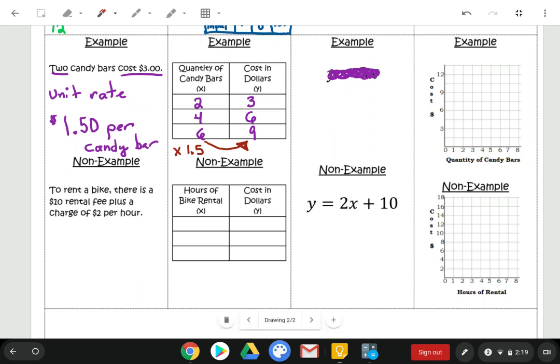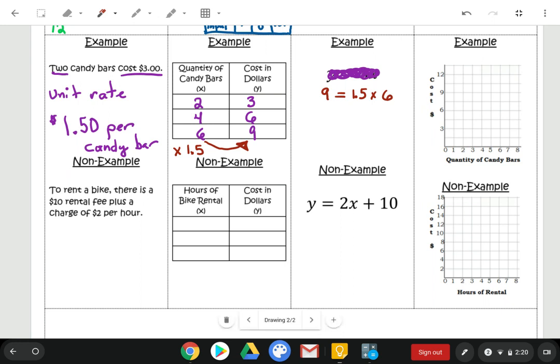So, for instance, 6 times 1.5, I'm actually going to write this kind of backwards, but anyway, 6 times 1.5 equals 9. And I know I'm writing backwards, just bear with me.